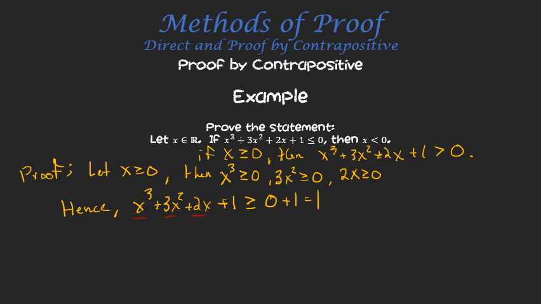So if x is greater than or equal to 0, this polynomial has to be greater than or equal to 1, and 1 is strictly bigger than 0. And that's what I wanted to prove, right? This polynomial is strictly greater than 0. And so there I have my proof.